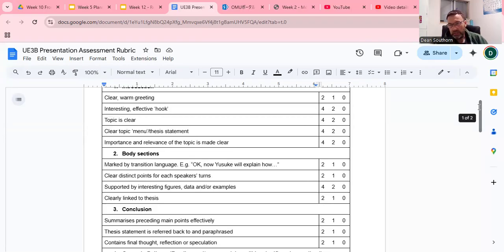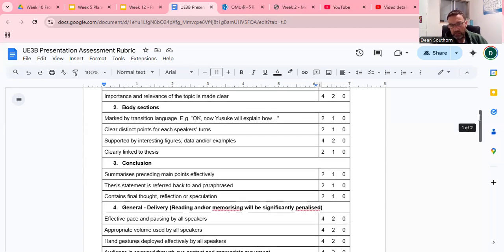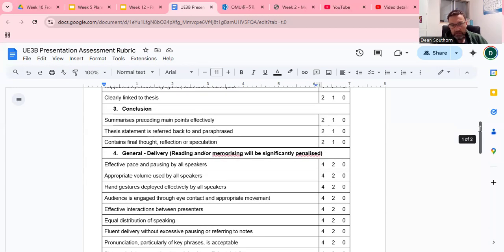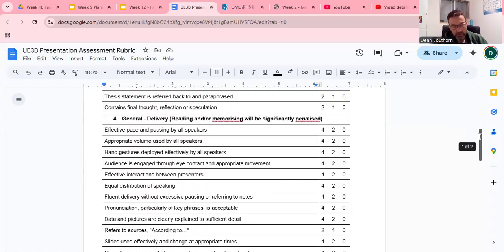It's not in the rubric, is it? It's not in there. So think about what you want to say in your best English. If you don't think it's clear, say it again, a different way, and you will score high. If you memorize or read, you will score very low.